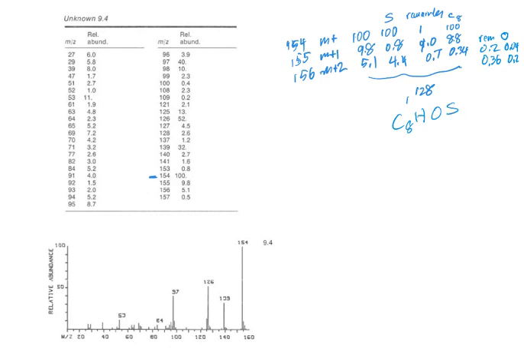We could maybe fit two in there, but mass-wise, I think this adds up to 144. And so we only have 10 mass units left over, which means we have to have H10. So 154 minus this is 10, and this is the number of H's. So C8H10OS.